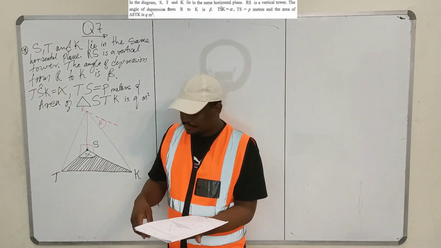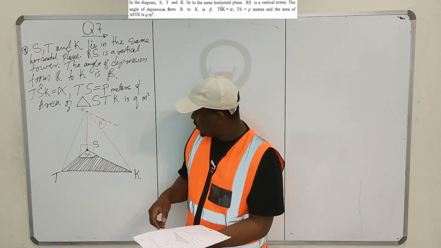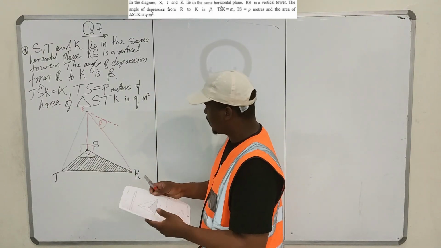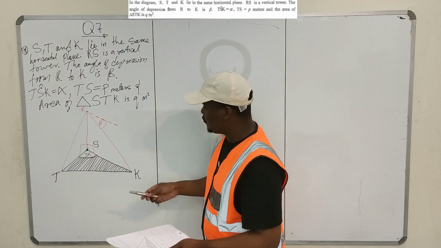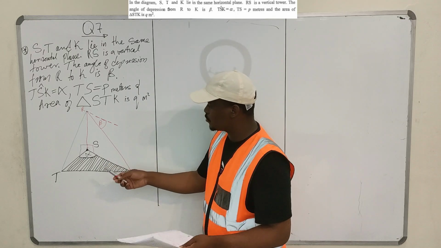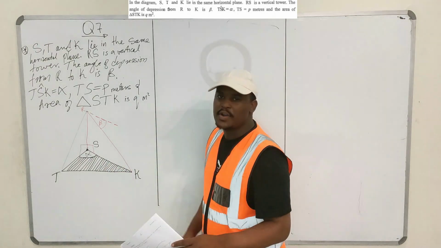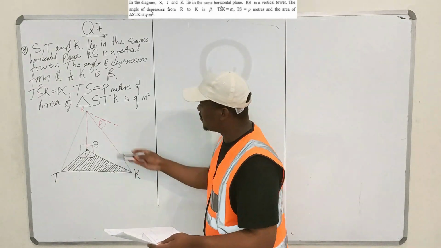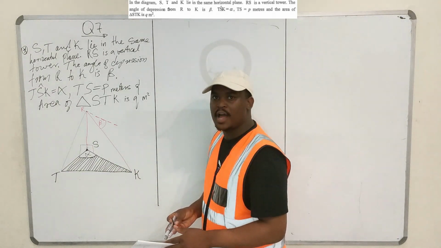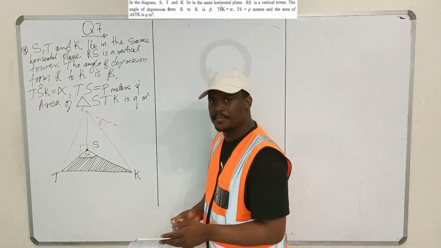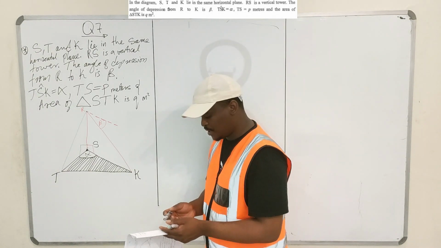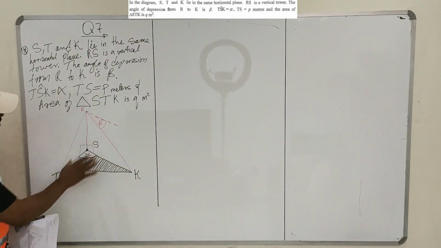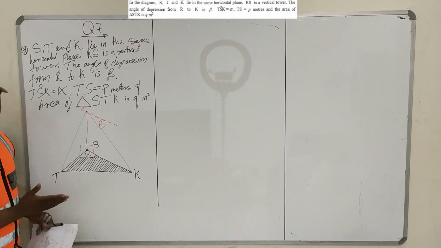Let me try to draw this so that you can see. It's easy if you try to separate these triangles. So let's separate them so that we don't have too many problems, right? Let's carve this triangular pyramid open and see how it looks. If you look at this, you have four sides.